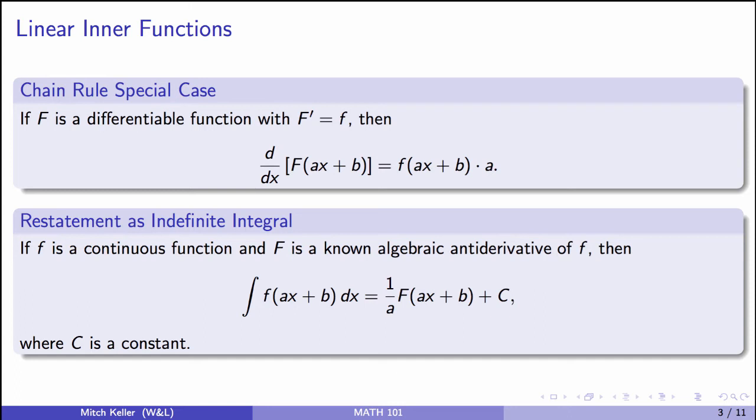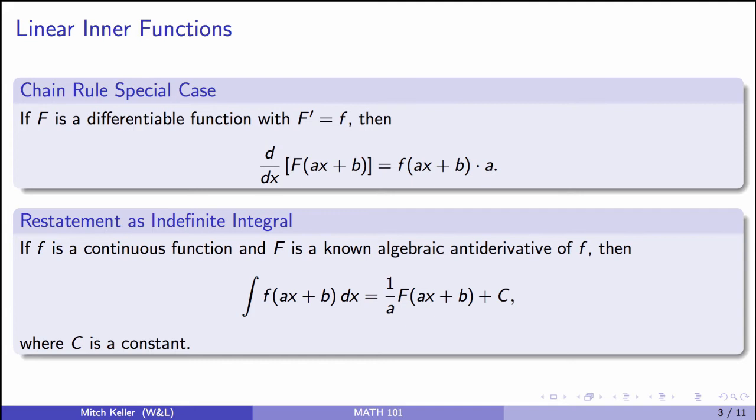We want to be so conversant in using this that we don't even really have to think about it as a substitution. Now here I have taken little f to be a continuous function. Big F is some known algebraic antiderivative, not one of those goofy integral functions that we were studying in sections 5.1 and 5.2, but something like the fact that x squared divided by 2 is an antiderivative for the function x.